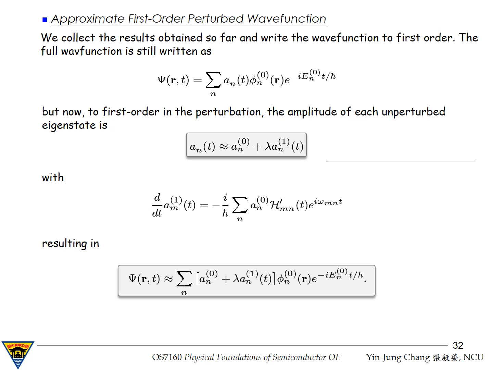Now let's interpret it physically. The coefficient a sub n naught represents the stationary amplitudes the system would have in the absence of the perturbation. The correction terms a sub n1 of t describe how the weak time-dependent perturbation begins to redistribute amplitude among the unperturbed eigenstates.